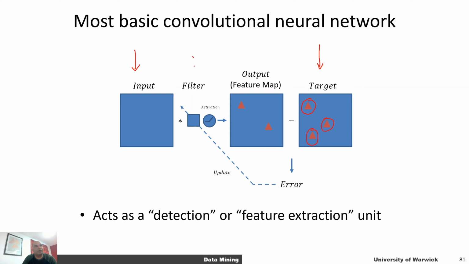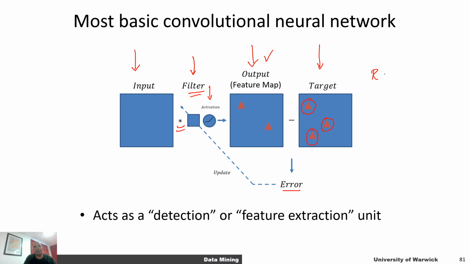We wanted to learn the filter that when convolved, so this is the convolution operator, with the input image and with some post-processing in the form of, let's say, sigmoid activation, yields an output image that when compared with the target should have the minimum amount of error. In other words, the output of this convolution of the input with the filter that we want to learn should match what the target is, right? The difference between the two is called error, and we can use that error to update the filter because that is not known to us.